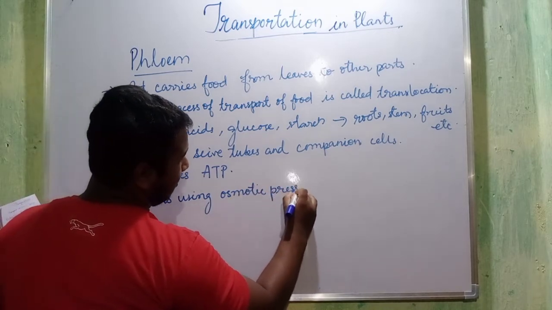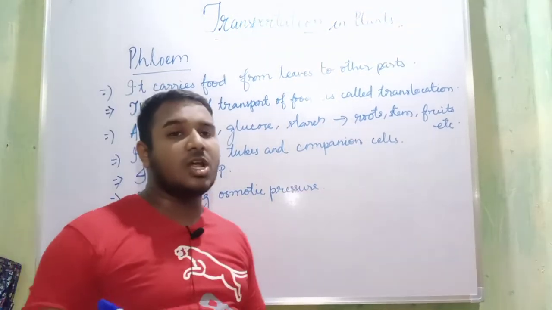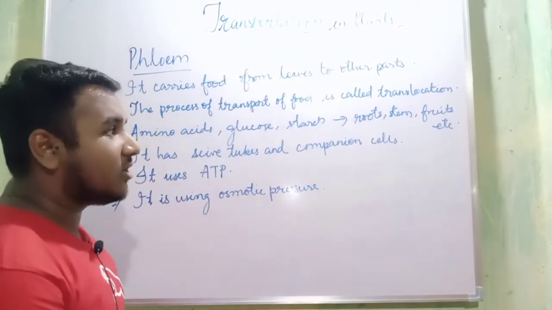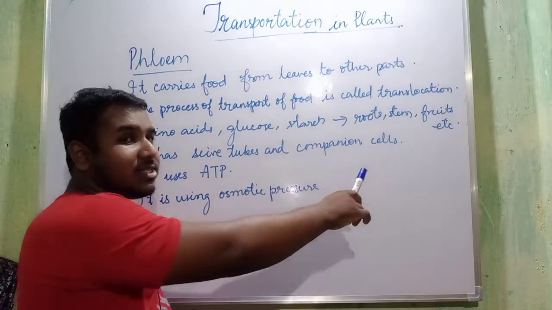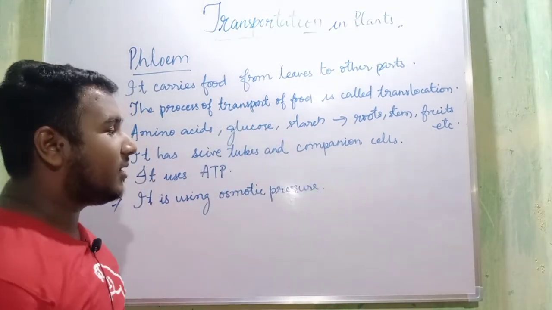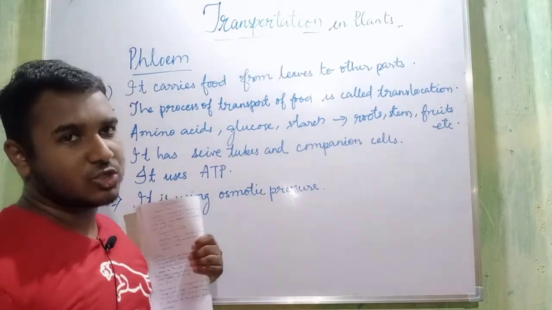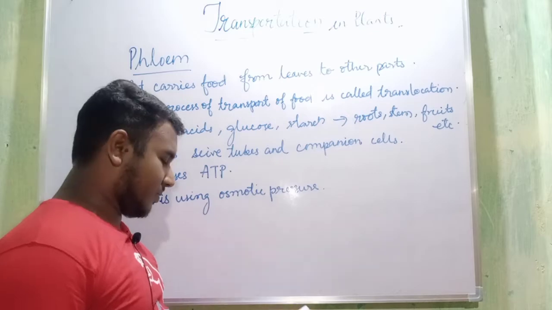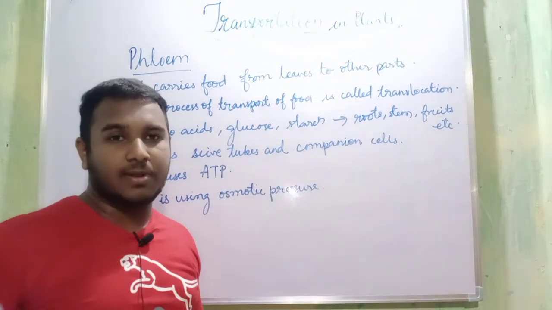Osmotic pressure, that is from the region of high concentration to the region of low concentration through the semi-permeable membrane, that is from sieve tubes and companion cells. They are the semi-permeable membrane. They are transferring the food from high concentration to low concentration area up to equilibrium. So this is all about transportation in plants.